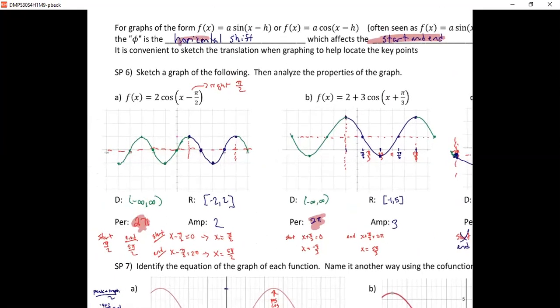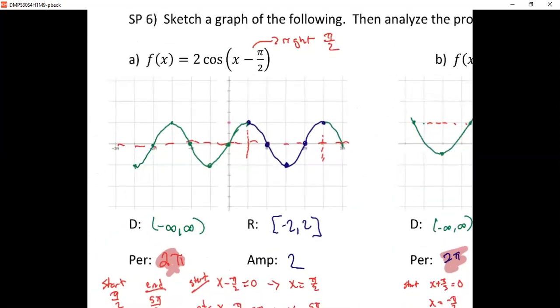So our horizontal shift, also known as our phase shift, when we take a look at this, we could say, okay, this is a shift. And if we think function mentality, f of x plus 2 is a shift left 2. So if we have the x minus pi over 2 inside the cosine, then that means that we have a shift right pi over 2.